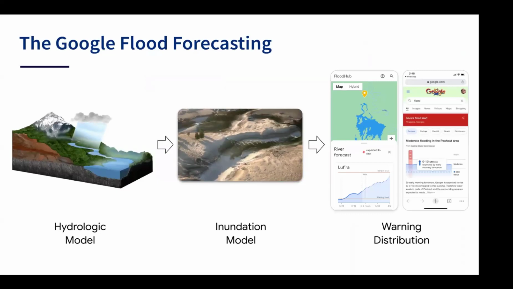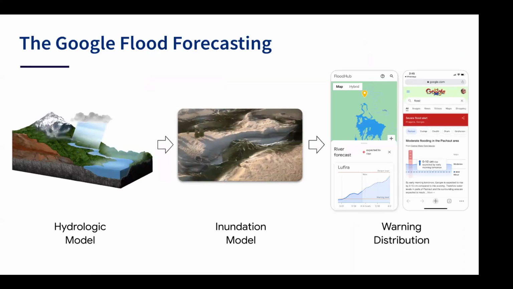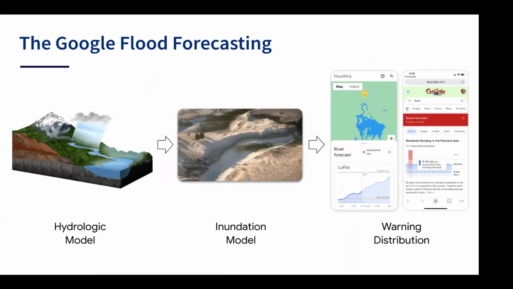When we talk about the Google Flood Forecasting project, we divide it into three parts. First, we have the hydrologic model. All our models are AI-based, and we try to make them very global, so not only in specific areas.